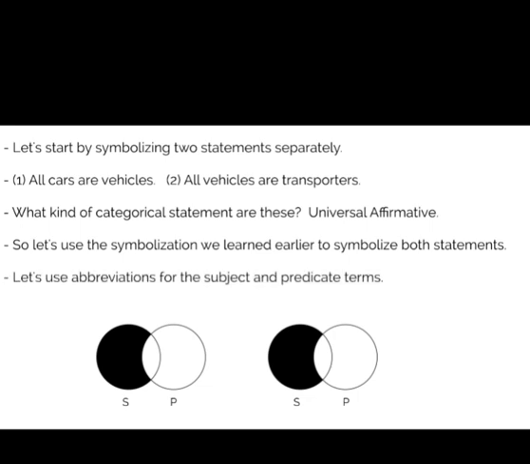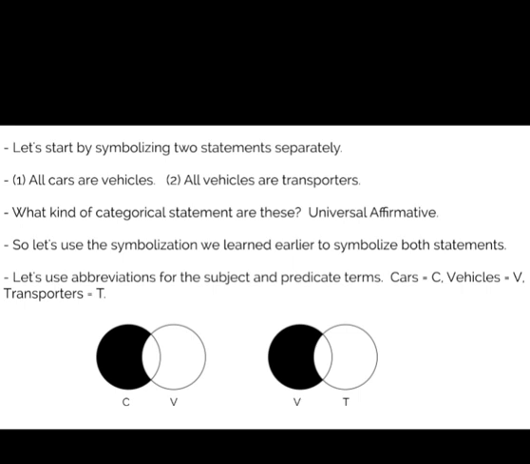So we have those two types of statements, but let's use abbreviations for the subject and the predicate term so we can keep track of what they all mean, right? So if we have two statements, we can use C for cars, right? V for vehicles, and T for transporters. So now do you see how we simply did what we already learned earlier?